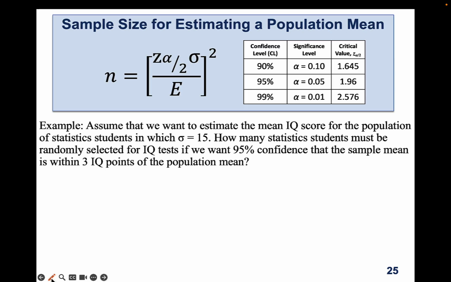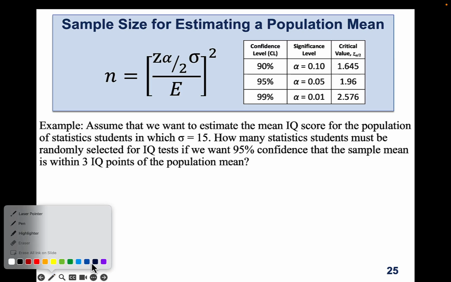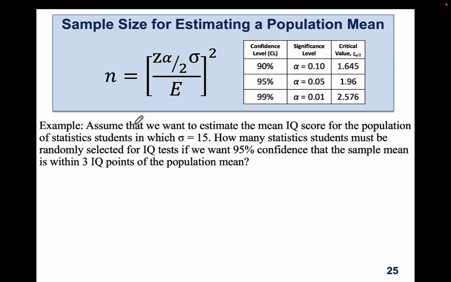All right, so let's check if they provided us with everything we need to use this n equals formula. They asked us how many, so we go n equals. And instead of the z sub alpha over 2 variable, we're going to replace it with 95% confidence, so 1.96.